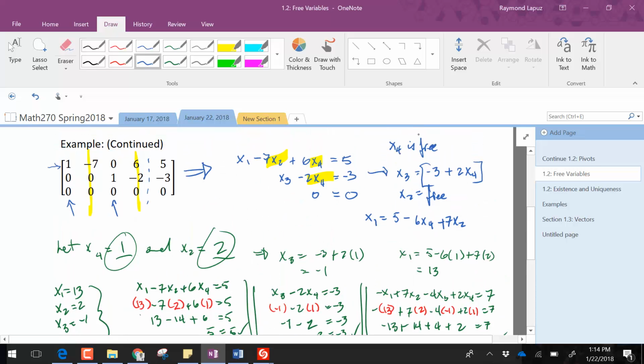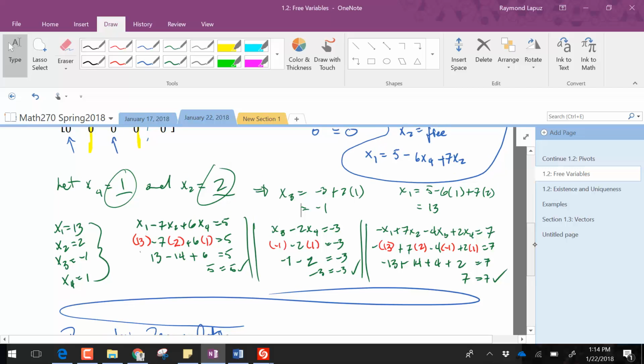And what we need is this information over here: x4 was free, x3 was equal to some solution that has an x4, x2 is free, and then x1 is some other solution written in terms of x4 and x3.